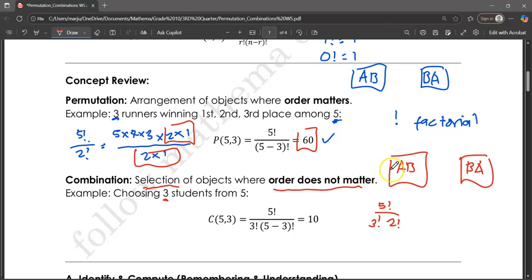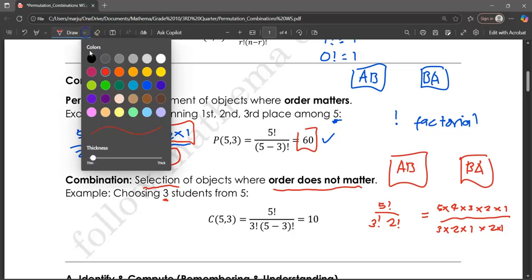And then again, if you're going to expand, we have 5 times 4 times 3 times 2 times 1 over, we know that 3 factorial is 3 times 2 times 1 times 2 factorial is 2 times 1.